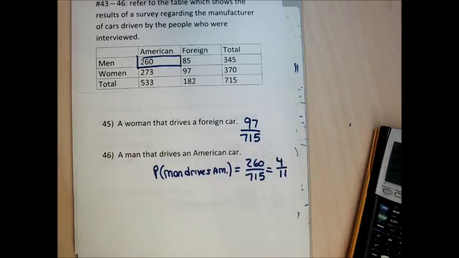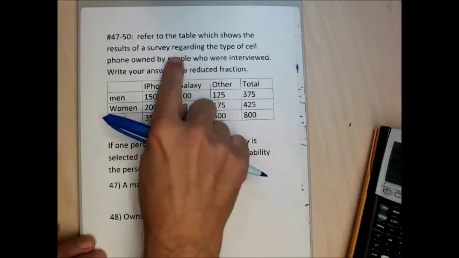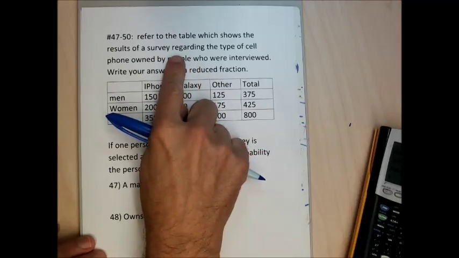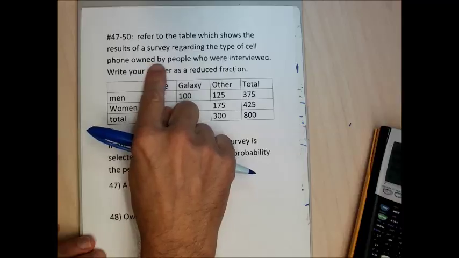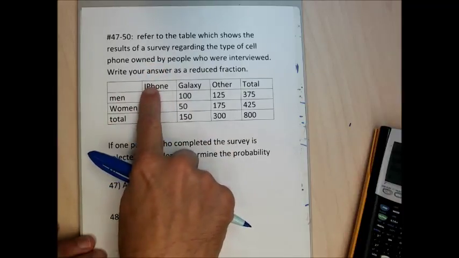So just a few more problems to do. And it comes from a set of problems that have a bigger table. So here's a table, and again, the numbers were just completely made up, I'm sure. So refer to the table that shows the results of a survey regarding the type of cell phone owned by people who were interviewed. So men and women were interviewed and asked the type of cell phone they had.